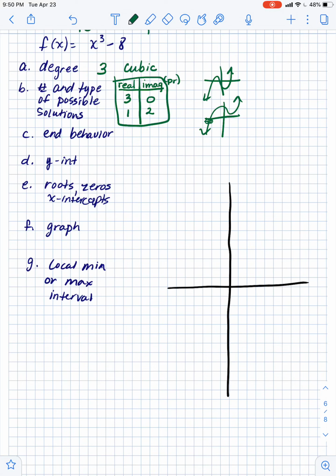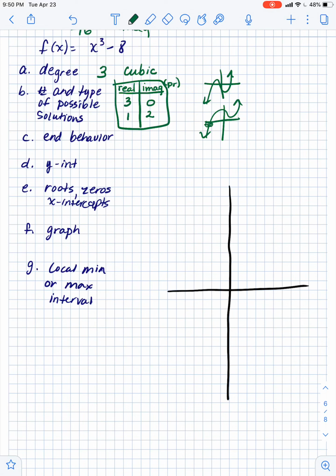So the next question is, what are the end behaviors for our graph? I've kind of given you a sketch, so that should help you out. How we write that: as x approaches negative infinity. What I'm saying is, as I'm going this direction on the x-axis, what's the y doing?